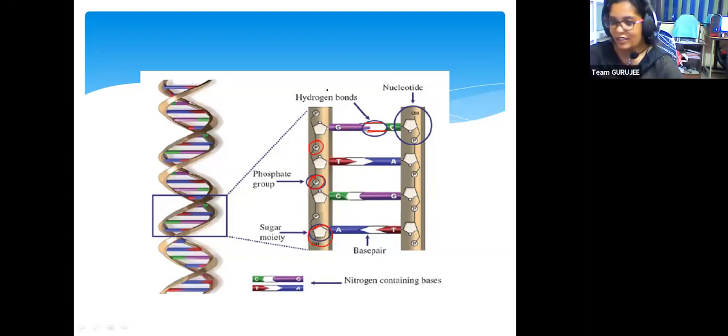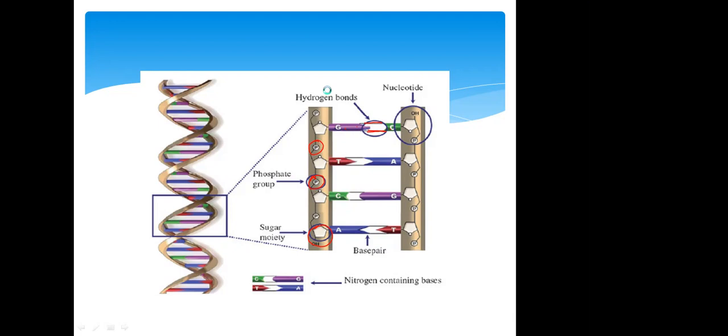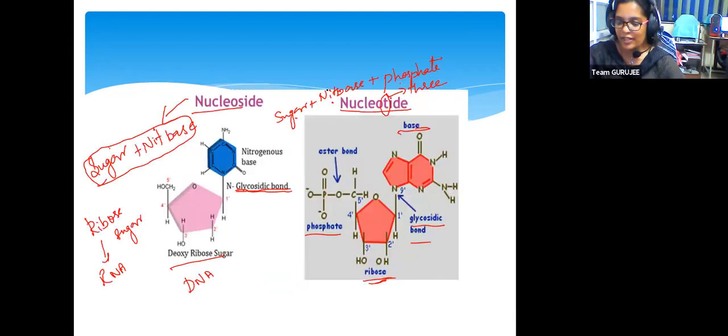Why are you not confident with your answer? Before two slides, I gave the explanation of nucleotide and nucleoside. Nucleoside includes two components, nucleotide includes three components. Nucleoside has sugar and nitrogenous base, only two. In case of nucleotide, an additional molecule is there, that is phosphate.